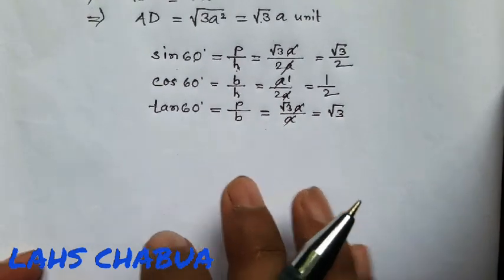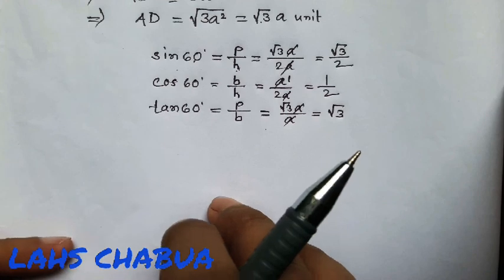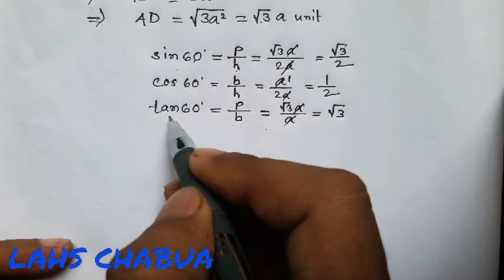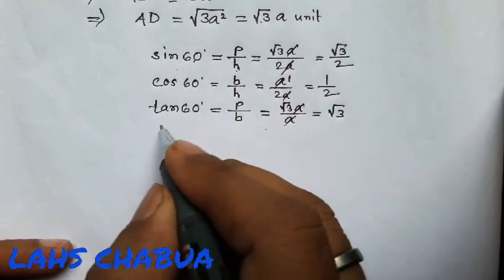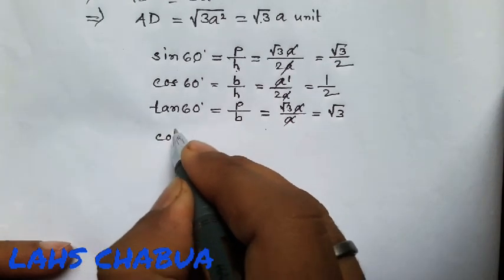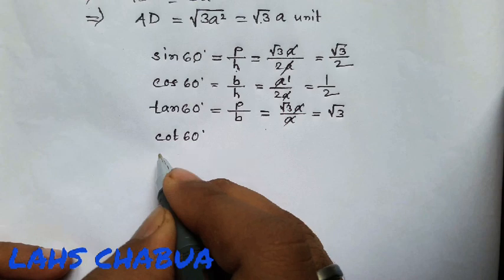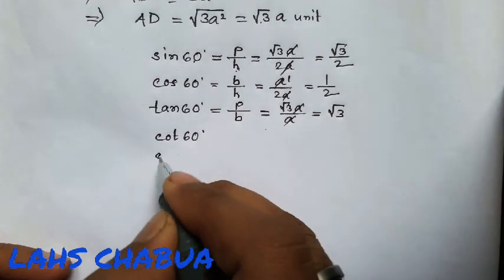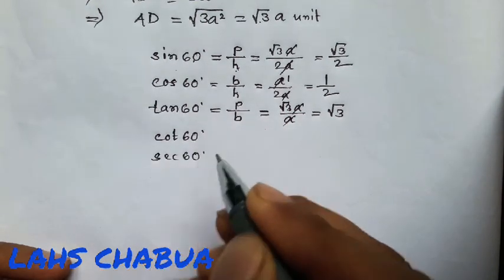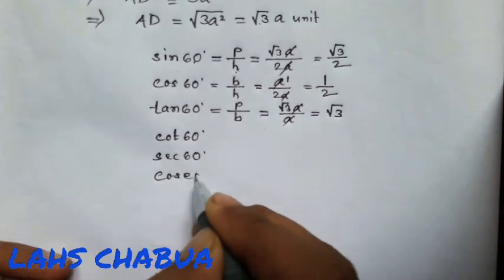Tan 60 is over, and for the first three ratios, sine, cos and tan, we already got the values. Now cot 60, then sec 60, cosec 60.